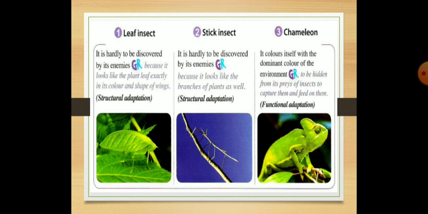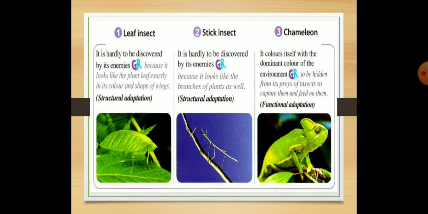And about the stick insects, it's hardly discovered by its enemies because it looks like a branch of a plant, so it's a structural adaptation. What about the chameleon? It colors itself with the dominant color of the environment to be hidden from its prey of insects, to capture them and feed on them.